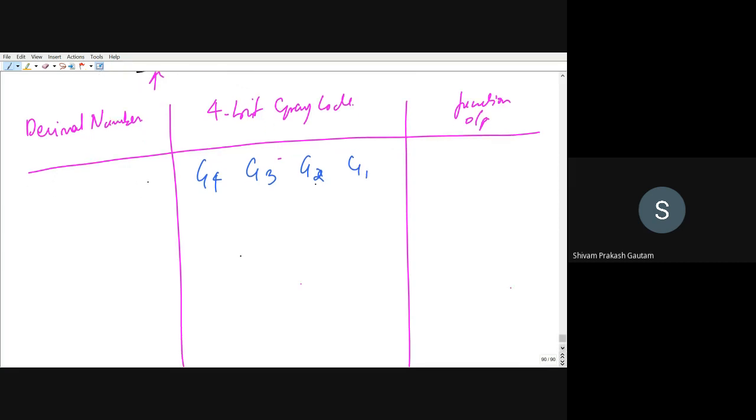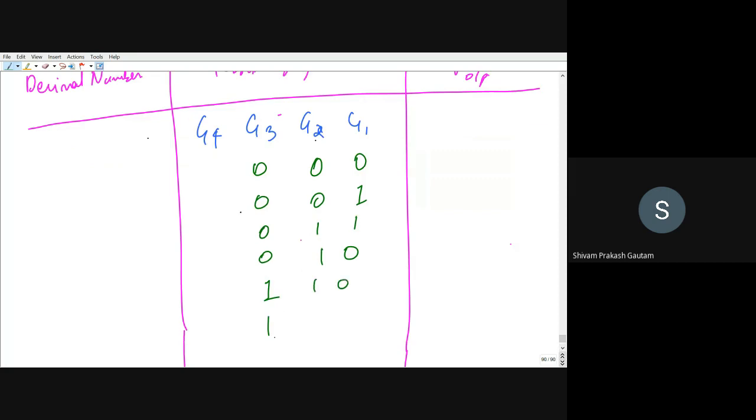Again, you should know how to write a gray code. For 1-bit gray code, this will be 0 and 1. 2-bit: 0 0 1 1 1 0. For 3-bit, 0 0 0 0, and then it will be 1. Then there will be a mirror image.